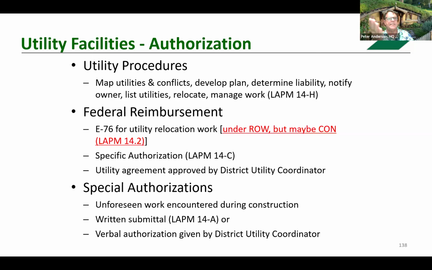The classification could come down to being a principal arterial or a major collector. So state highways can fall into those categories. Hopefully that clarifies the concept between the state highway system versus the federal aid system.